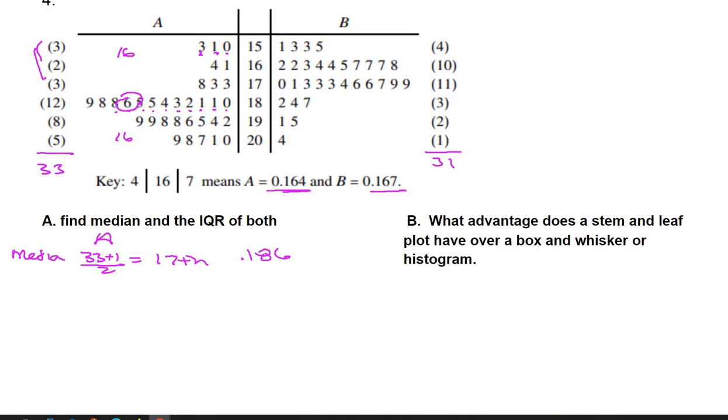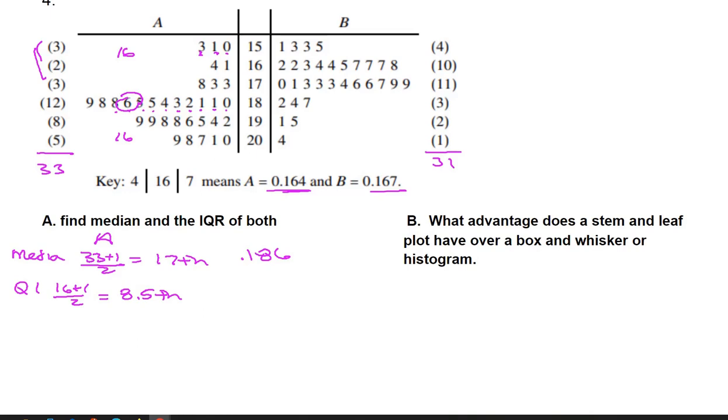So that means there's 16 pieces in this, and so to find my Q1, I'm going to take 16 plus 1 and divide that by 2, and I'm going to get 17 divided by 2, which tells me it's the 8.5th piece of data. So that means it's between the 8th and the 9th piece of data.